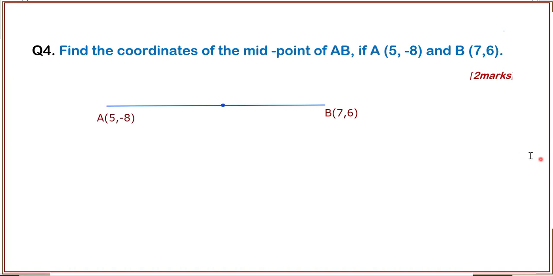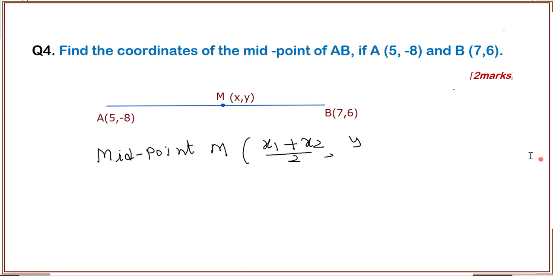Let's suppose this point is the midpoint of AB, mark it M. Let the coordinates be X, Y. We know the midpoint formula is x1 plus x2 by 2 for the x coordinate, and for the y coordinate, y1 plus y2 by 2.